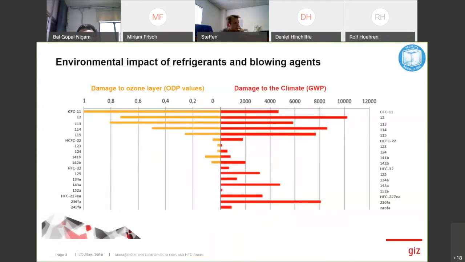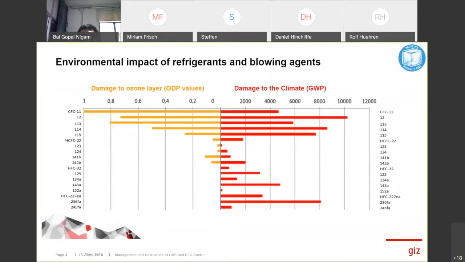On this slide, you can see the different refrigerant substances and their respective ozone depleting potential, ODP, and global warming potential, GWP. I will not go into detail, but just so you know what this slide shows.